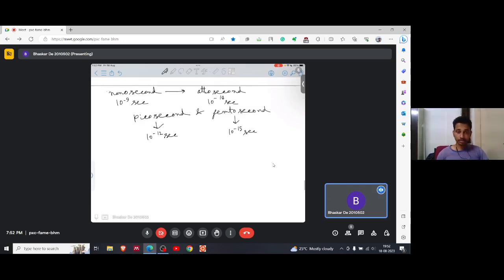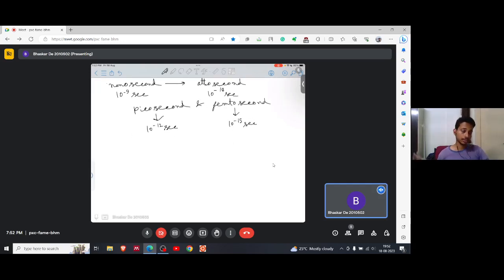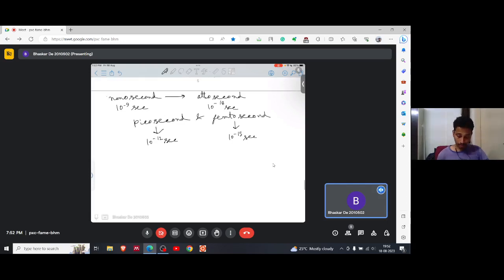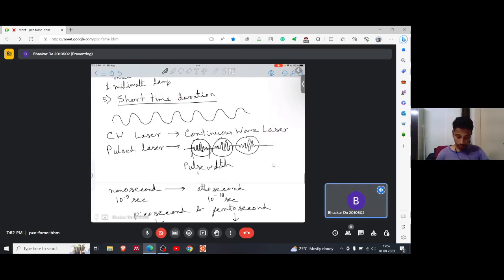There are different procedures for generating these pulse lasers, which we will see in the next videos in the NPTEL course itself. I am just mentioning these things. So the short time duration is an optional characteristic for a laser.